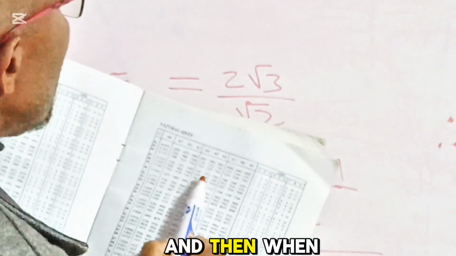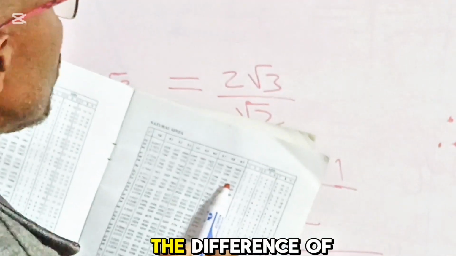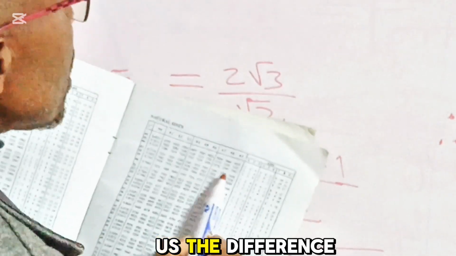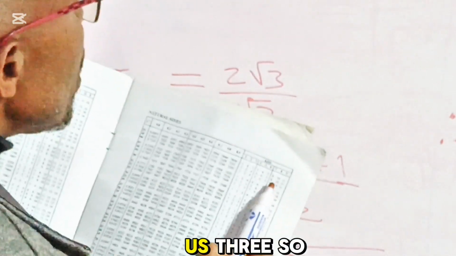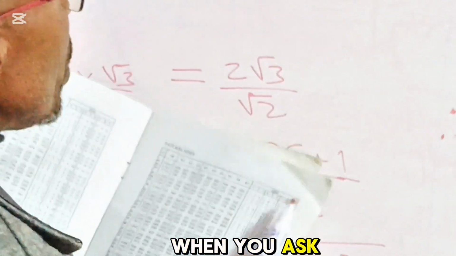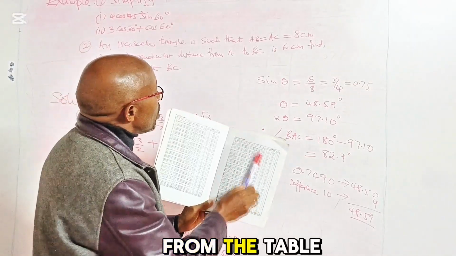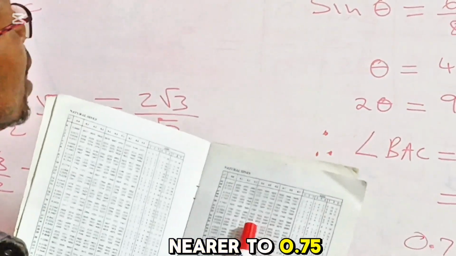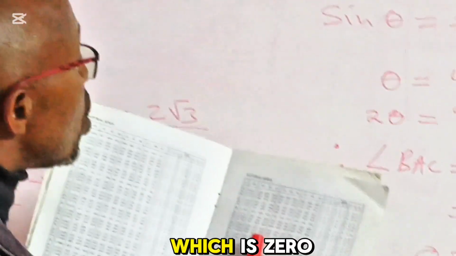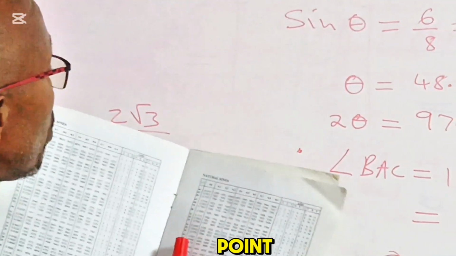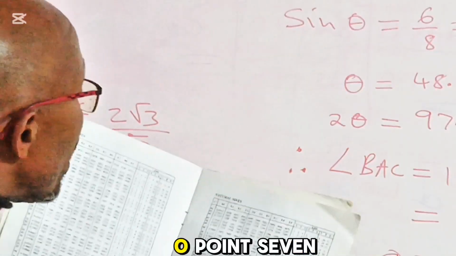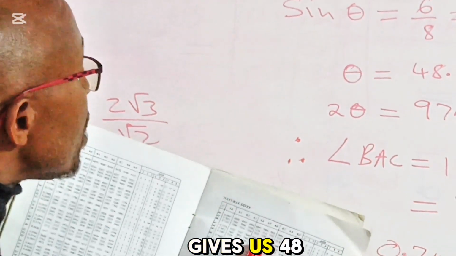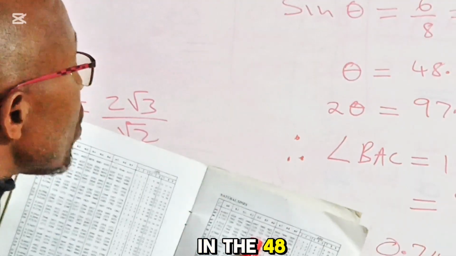We have 48.5. And then when we go to the difference column, the difference of 10 is giving us 3. So from the table we have a number nearer to 0.75, which is 0.749, and that one gives us 48.5 in the 48 row.